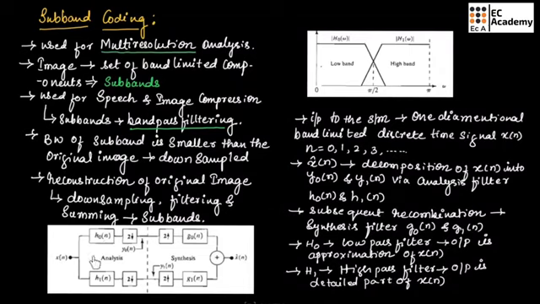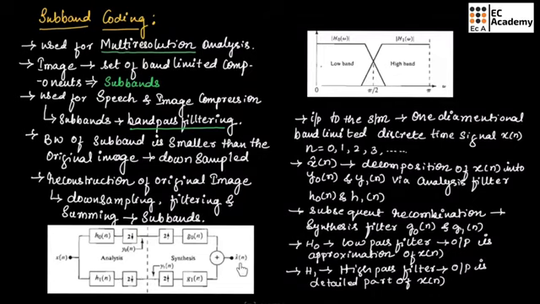All this process is shown in this figure. This figure shows the principal components of a two-band subband coding and decoding system. Here, the input x of n is a one-dimensional band-limited discrete time signal where n can have the values 0, 1, 2, 3 and so on.